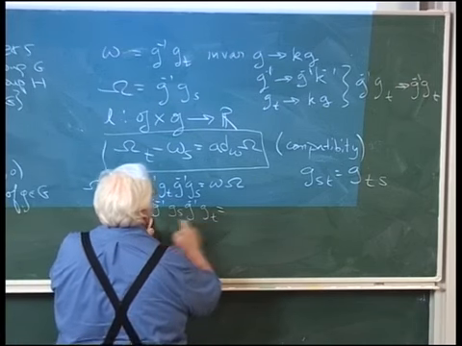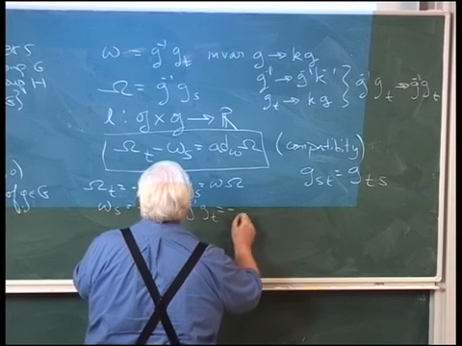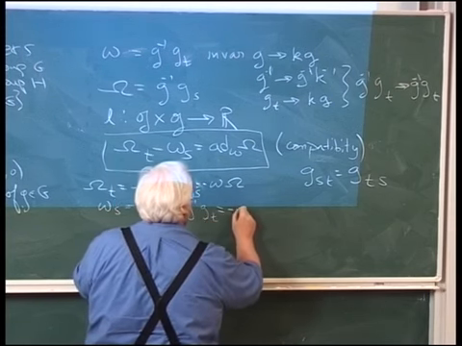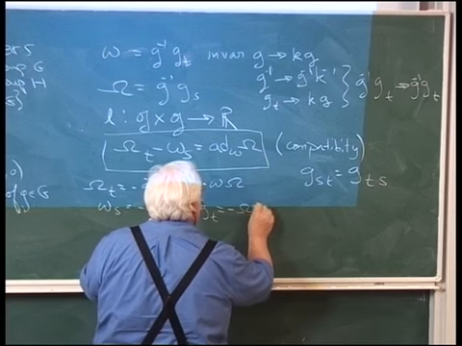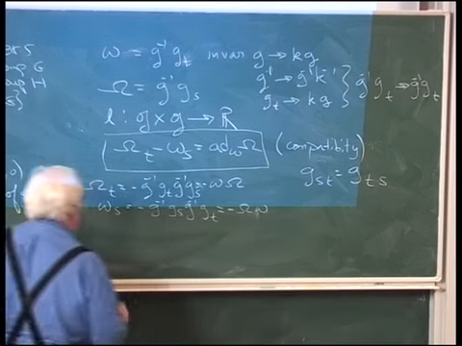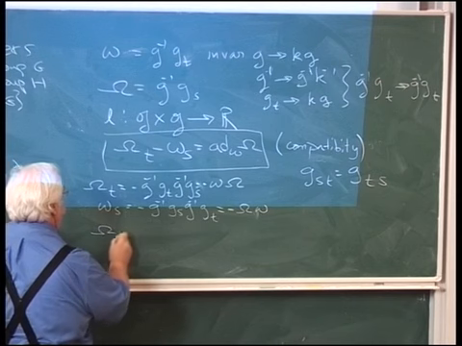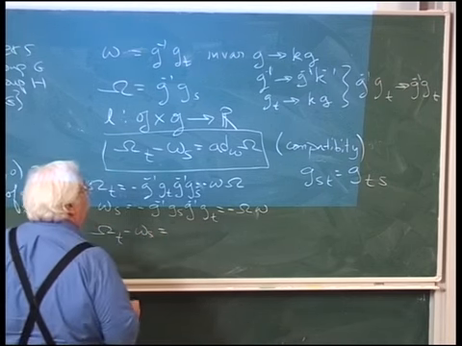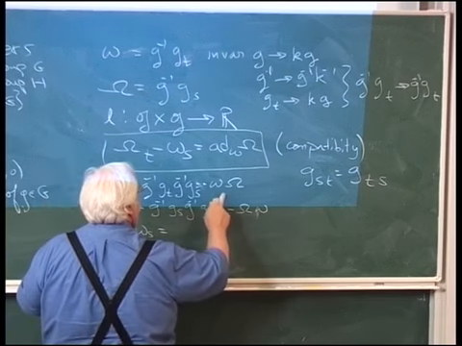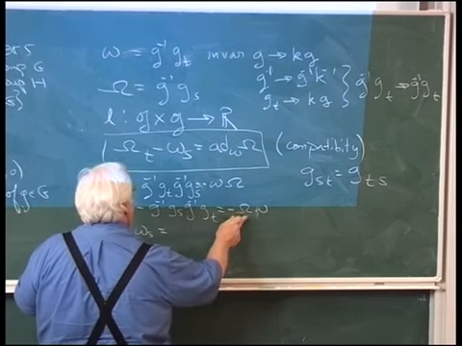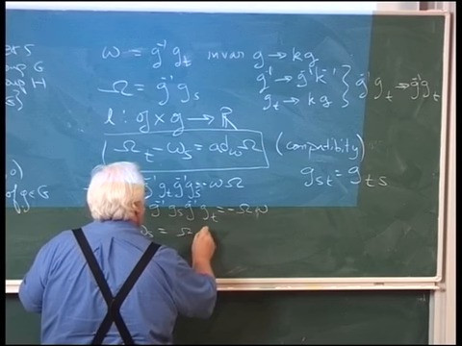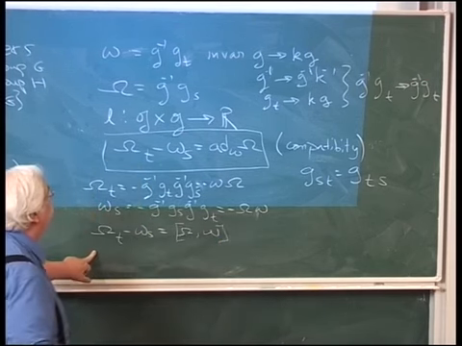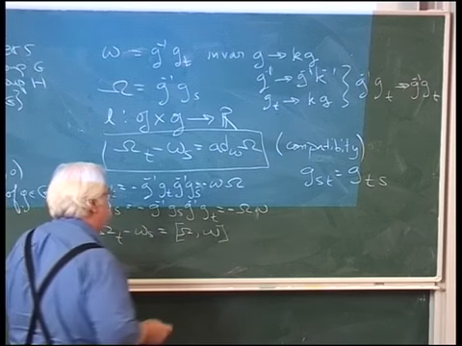and that one is minus big omega times little omega, and omega sub t minus omega sub s is equal to minus, in this one, so it's omega like that.